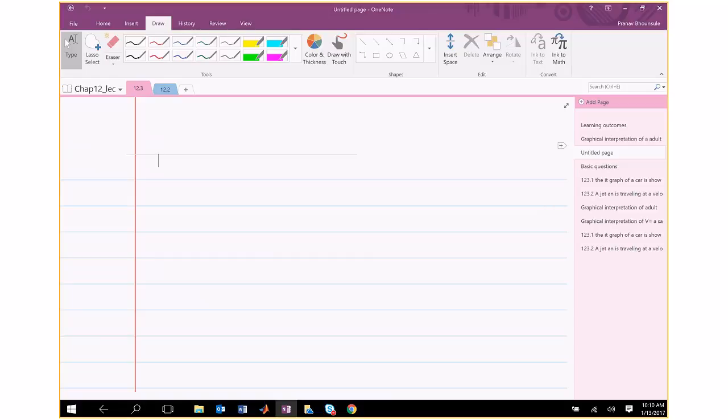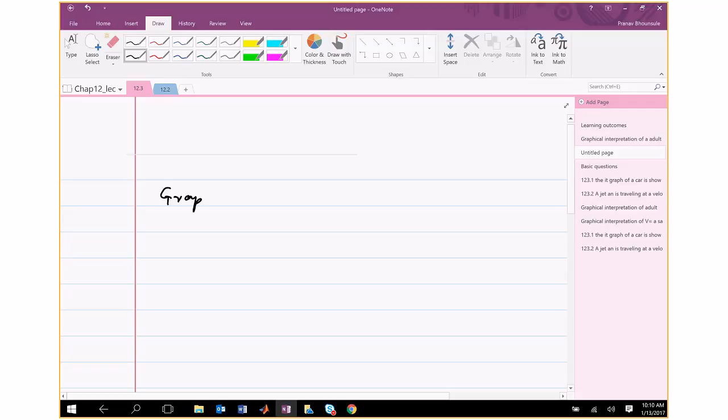The second thing I wanted to talk about is, similar to the velocity time graph, there is a position time graph which gives you the velocity. So let's do that quickly.